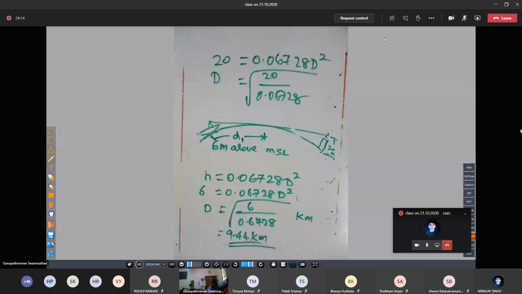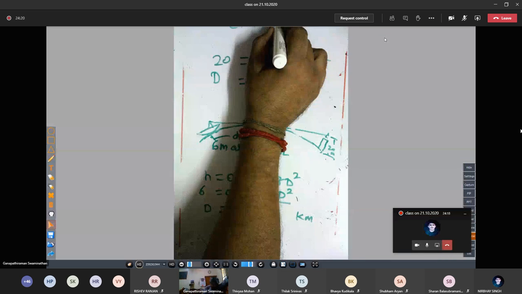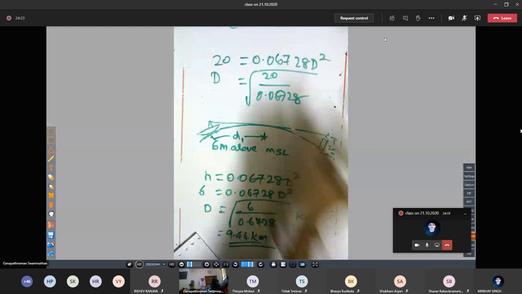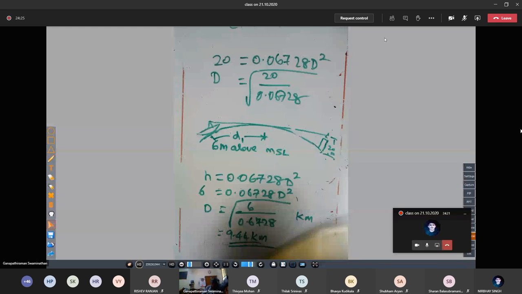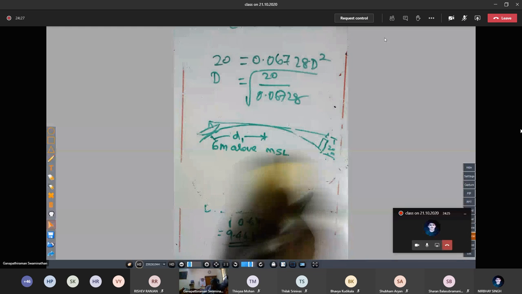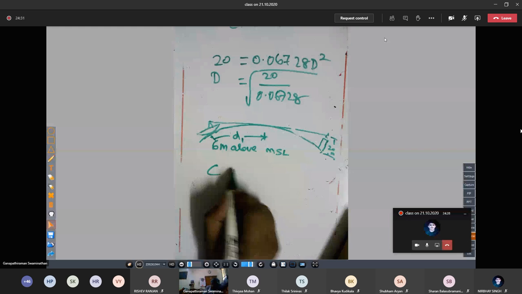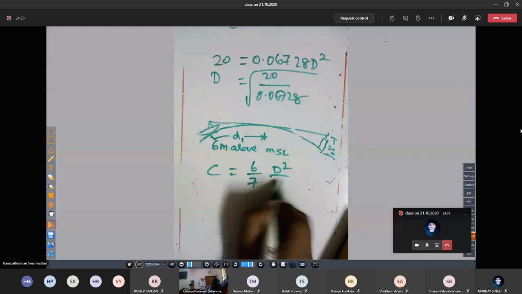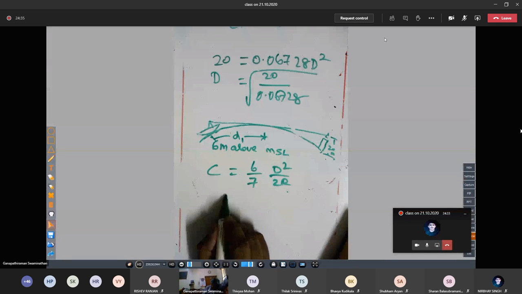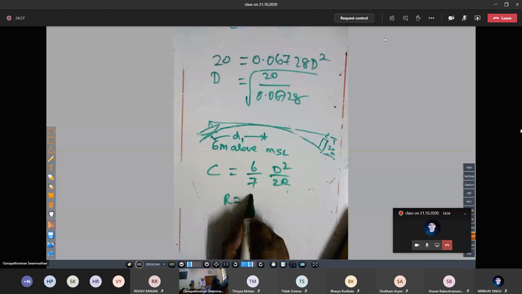The combined correction is C equals 6 by 7 D square by 2R, with R equal to 6370 kilometer.